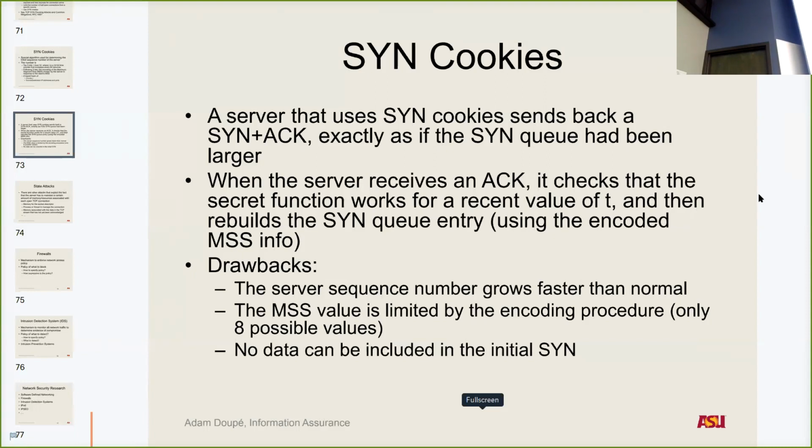Otherwise, what you get back from the client will have a SYN that is a little bigger than this one. And that is basically a price you pay for this sort of denial of service protection.